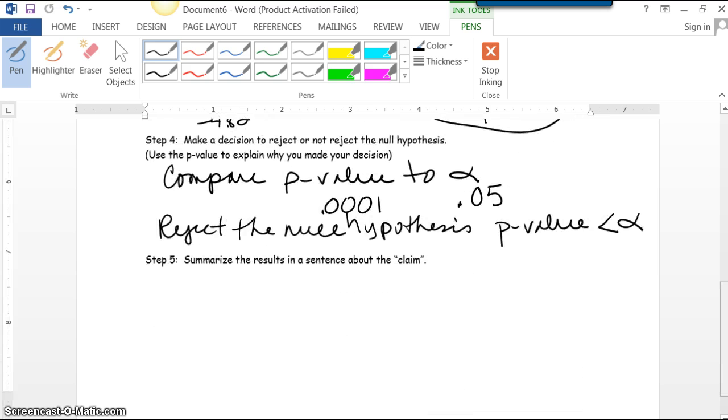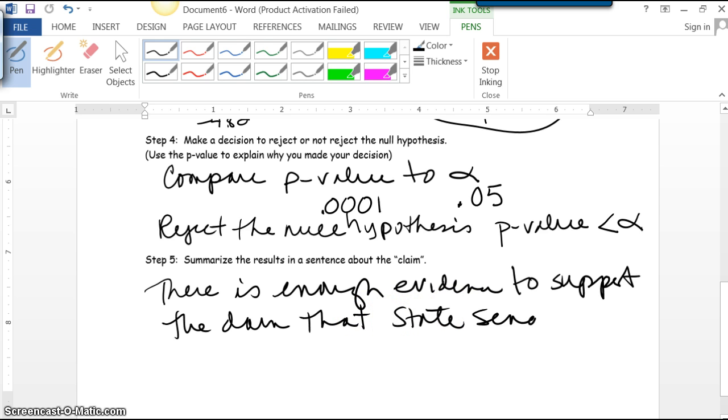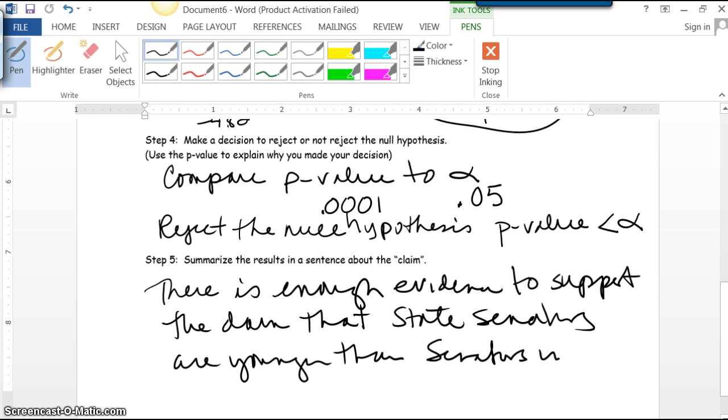Go back down here. There is enough evidence to actually support the claim that state senators are younger than the senators in Congress.